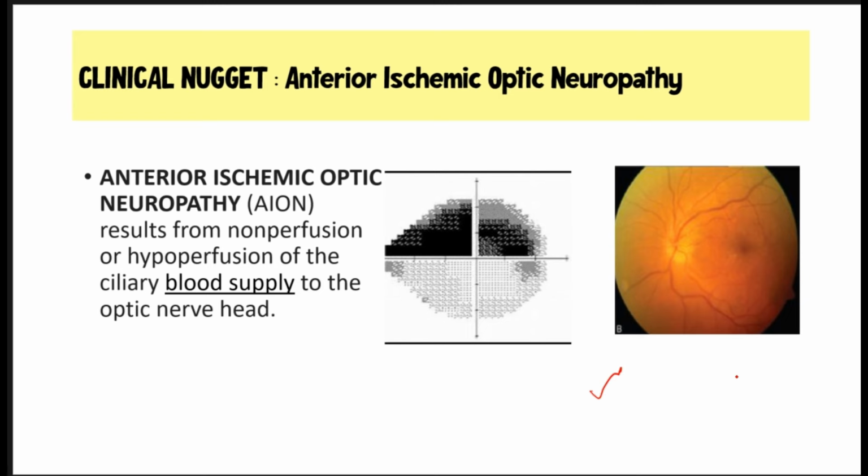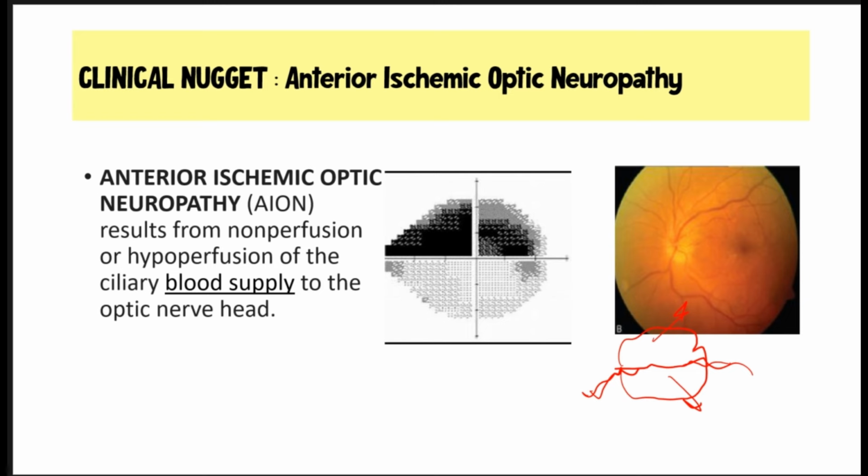The ciliary arteries coming like this form this circle, so arbitrarily you can divide it into a superior and an inferior portion. Now, this may be the anatomical basis for the altitudinal visual field loss that we see in AION, or anterior ischemic optic neuropathy. So, what is anterior ischemic optic neuropathy?